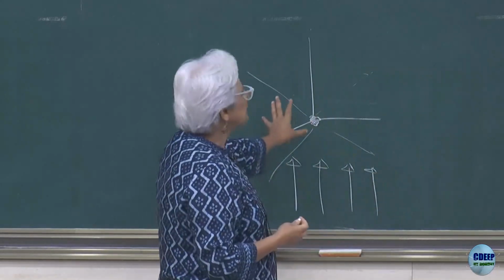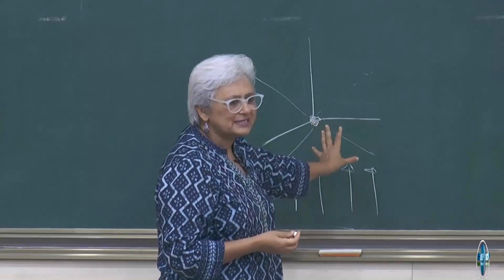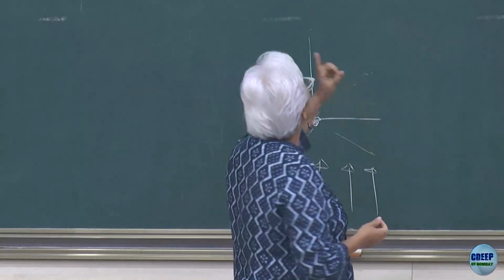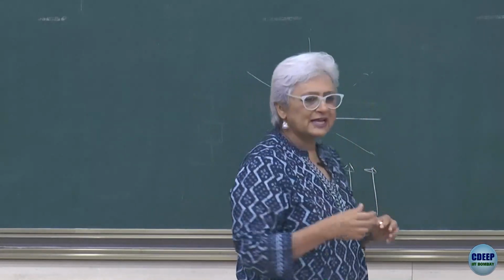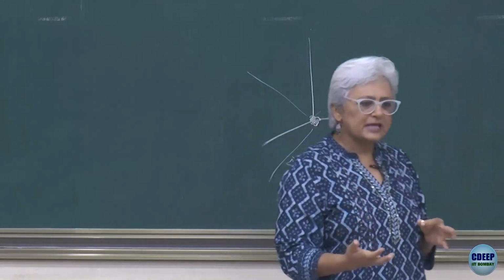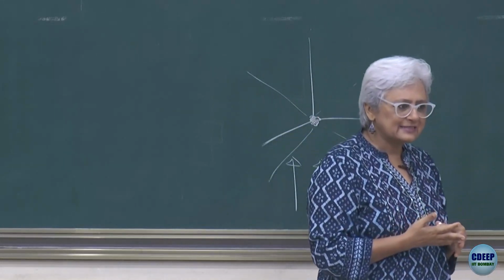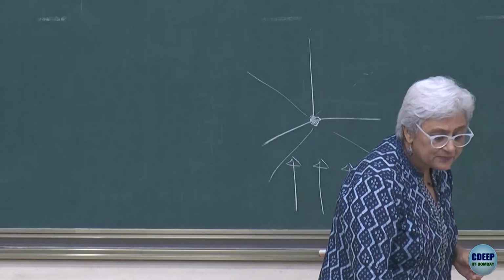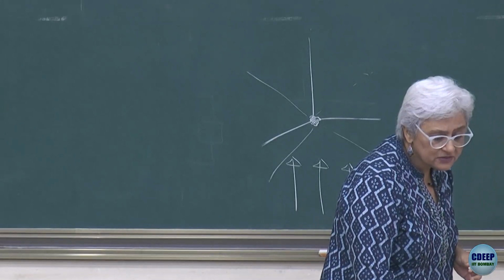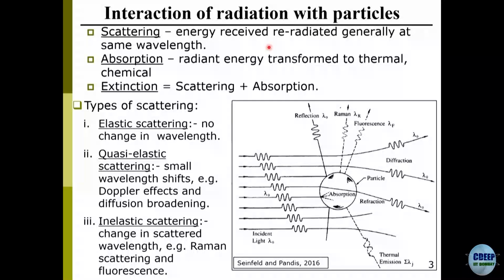Now this scattering here, if it happens to be elastic, then the scattered radiation will have exactly the same wavelength as the incident radiation, right? In terms of absorption, the radiant energy gets translated into thermal energy, and therefore you're necessarily going to have a shift in wavelength.